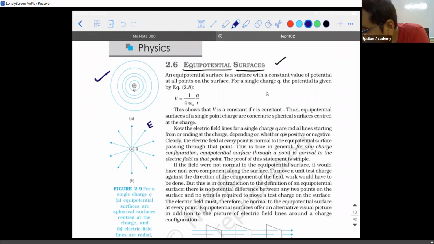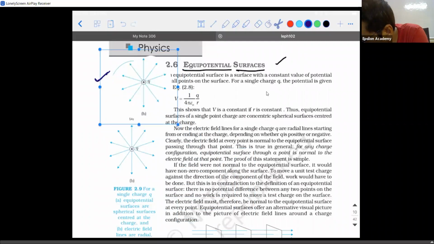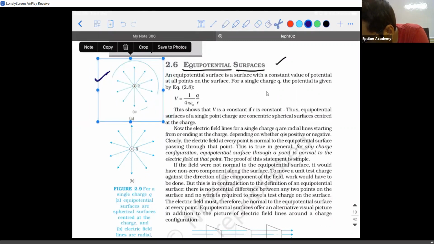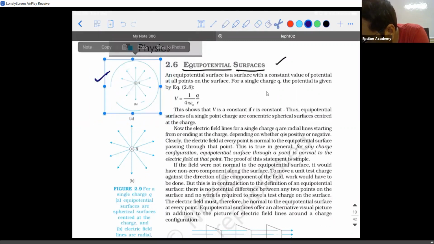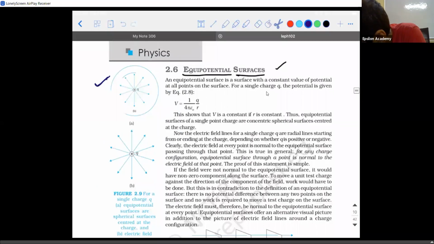Now, if I take this set of electric field lines and keep it here, what is it that you're able to understand? So this is how the equipotential surface is.